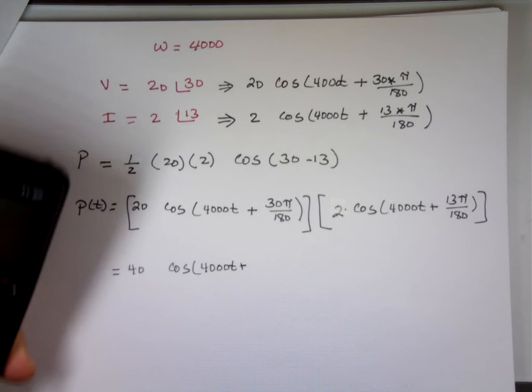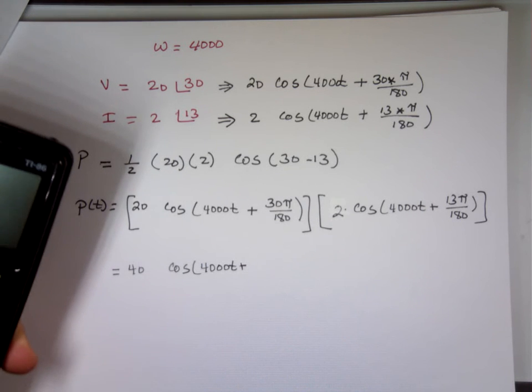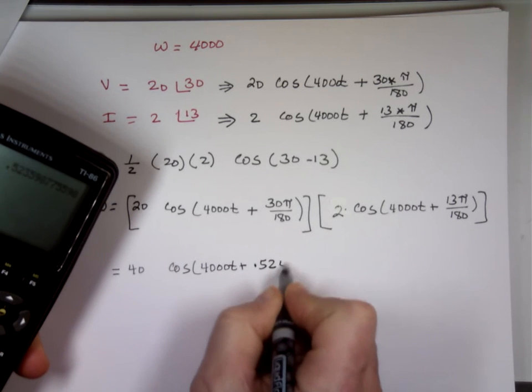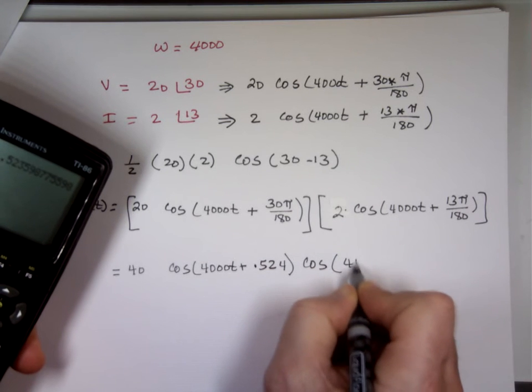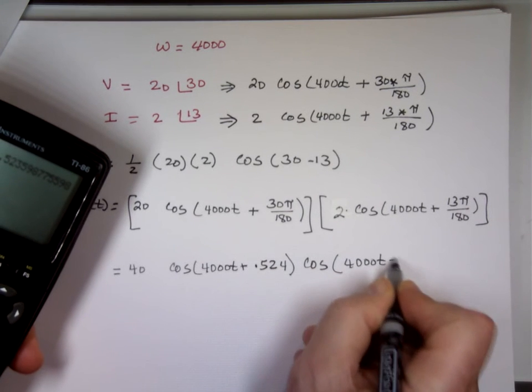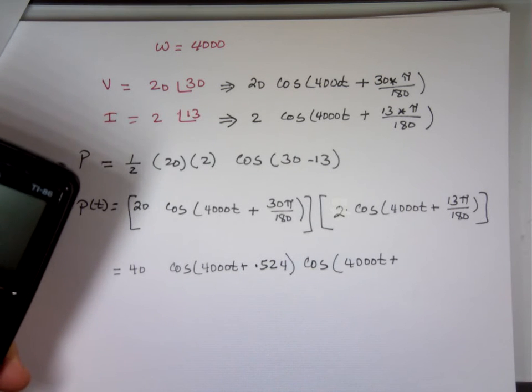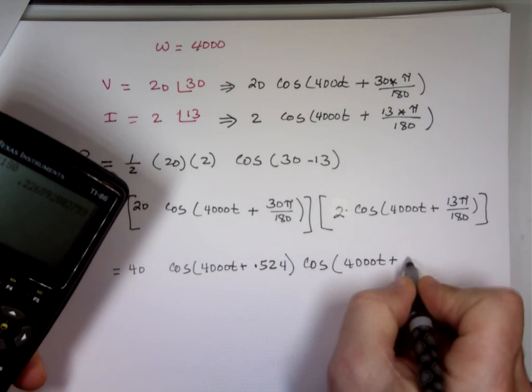Pi divided by 6 is 0.524. Cosine of 4,000 t plus 13 pi divided by 180. That number is 0.2268.